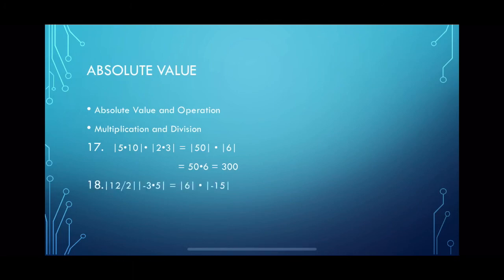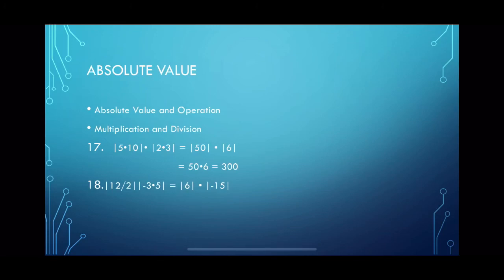So for number 18, we have absolute value of 12 divided by 2, and absolute value of negative 3 multiplied by 5. So again, no operational sign between them, so it is automatically considered as multiplication. So 12 divided by 2, we have the absolute value of 6, and negative 3 multiplied by 5, we have absolute value of negative 15.